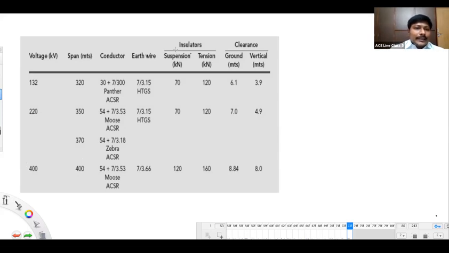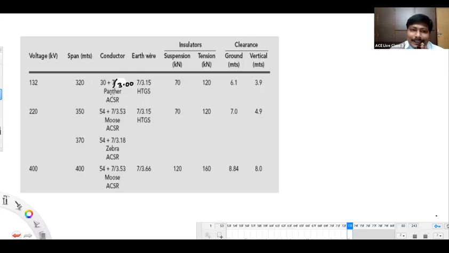Okay. Next, you can see here conductor. First one for 132 kV. Look here, please. 30 plus 7 by 3.00. There was a printing mistake. 3.00 is the diameter of each strand. 30 plus 7.